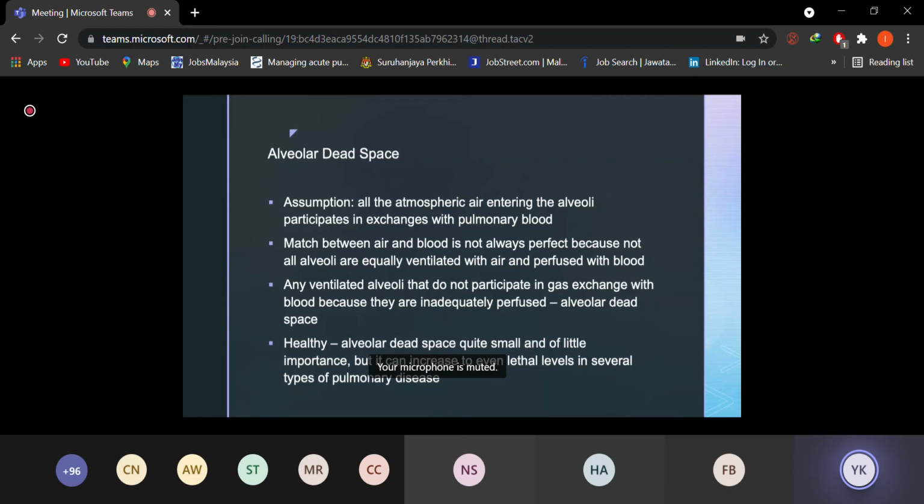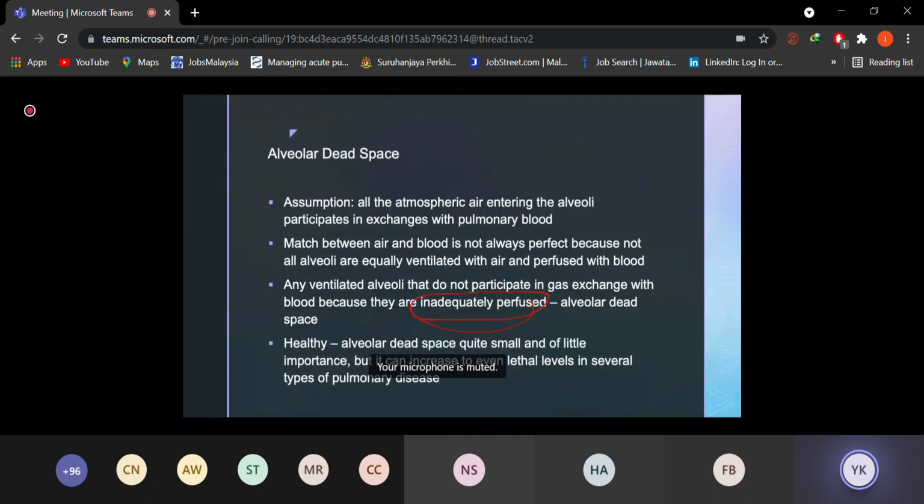So any ventilated alveoli that do not participate in gas exchange with the blood because they are inadequately perfused. Perfusion is very important. If there is not enough perfusion, we call that place alveolar dead space.